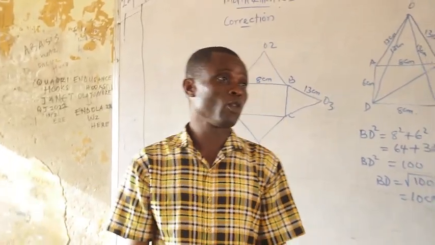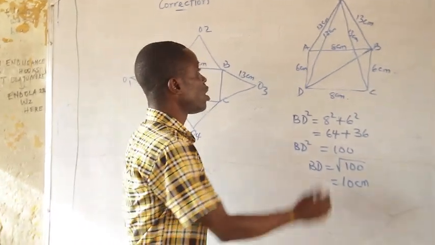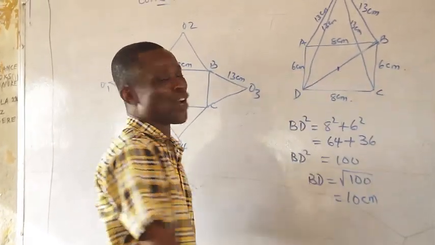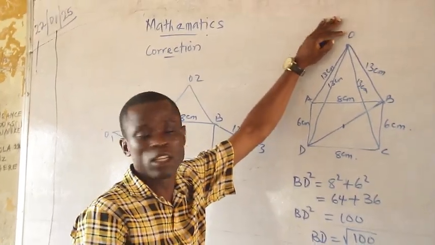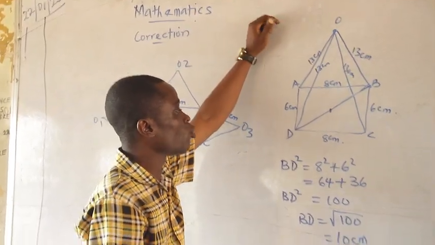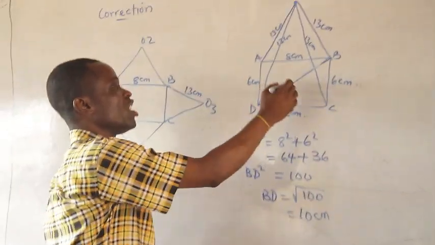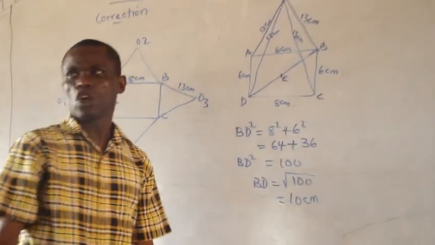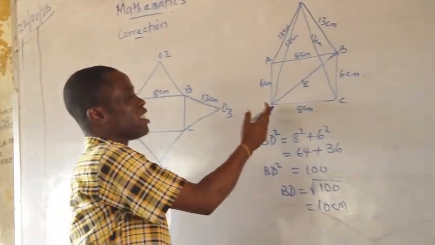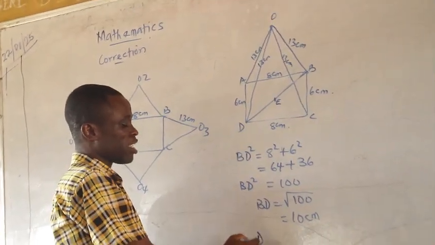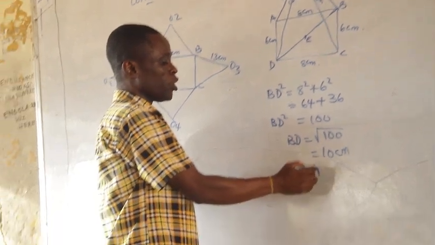But at the same time, we must first get the midpoint of this. I don't want to use O again because we already have O as the vertex. So maybe we should use another letter to represent that. Let me use E. You must not use O again. So if this point is E, now I want to get DE. DE is half of BD.